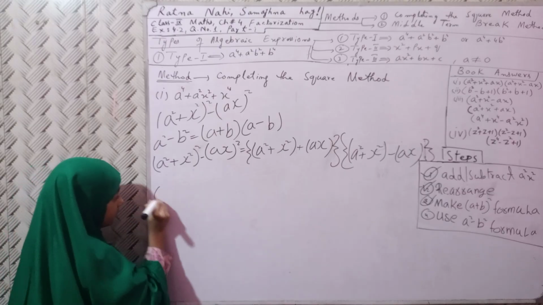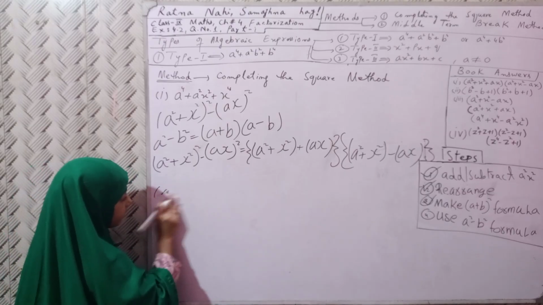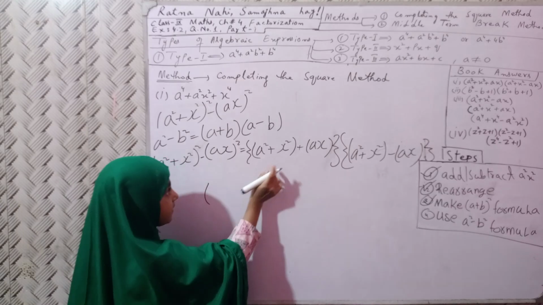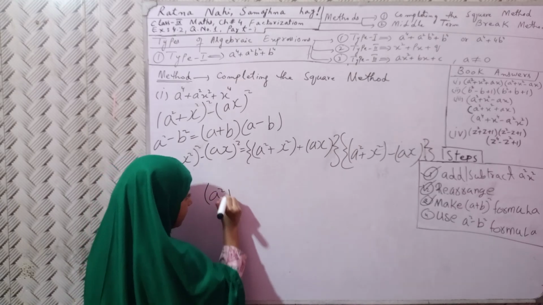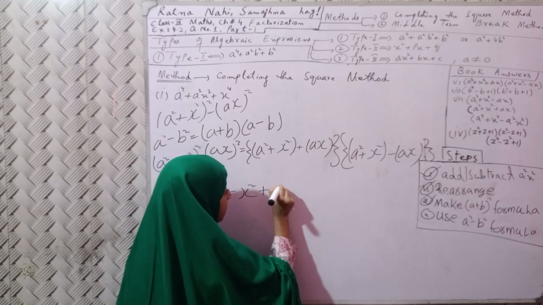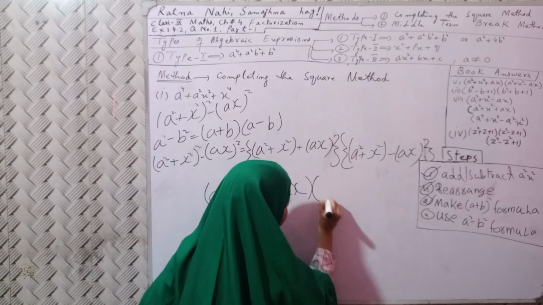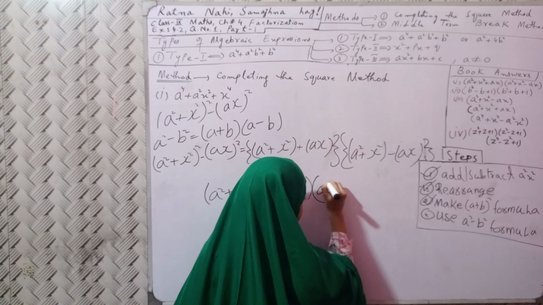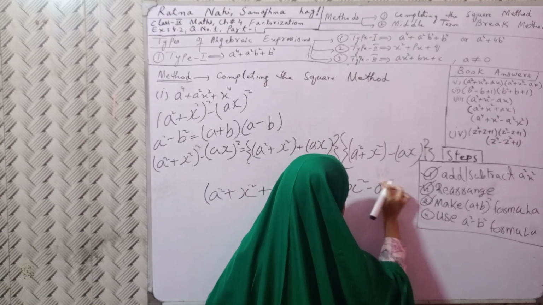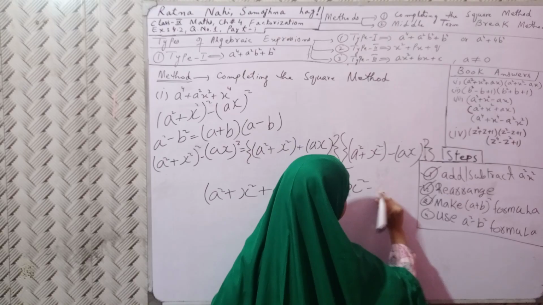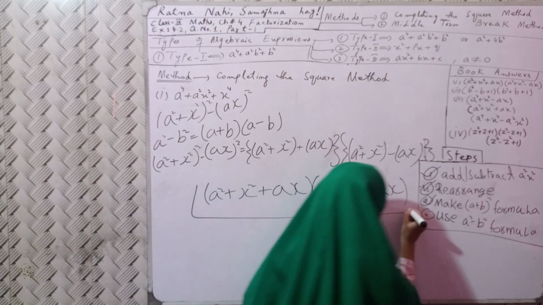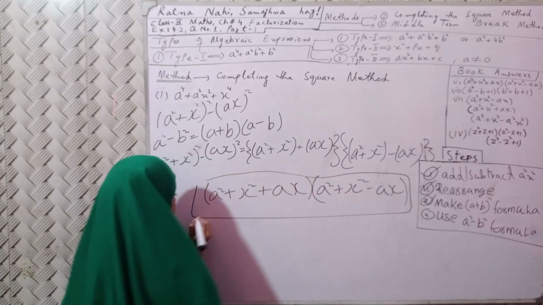Then this side will become as it is. Then the first bracket will become as it is, plus ax. This bracket will be opened, a square plus x square minus ax as it is, and it becomes your answer.